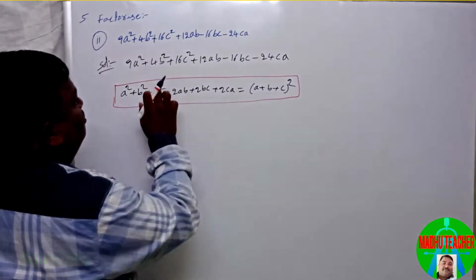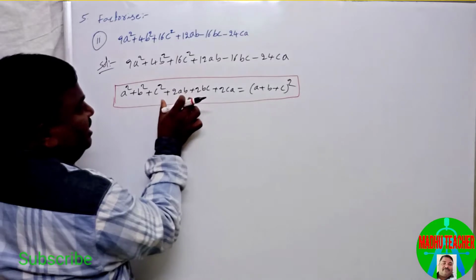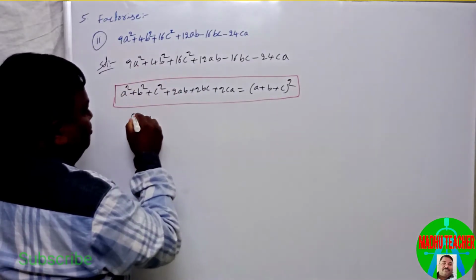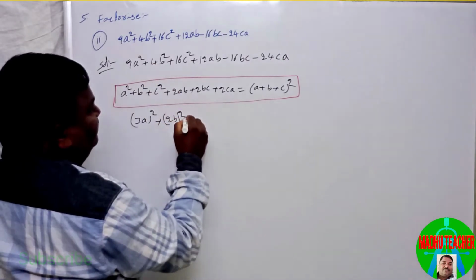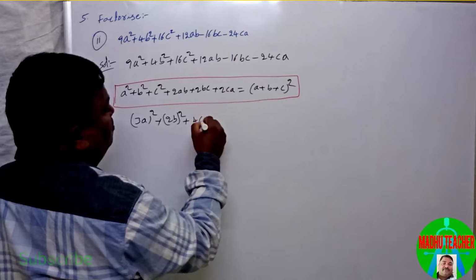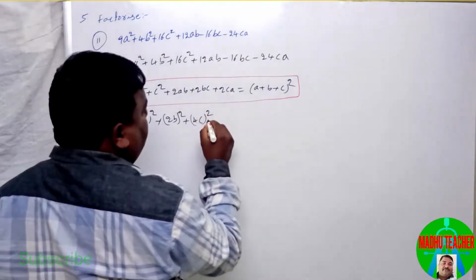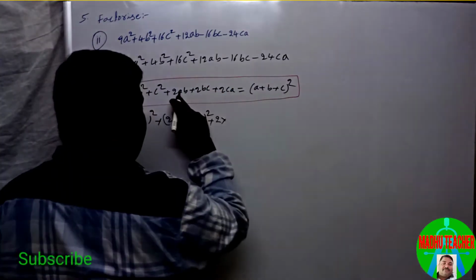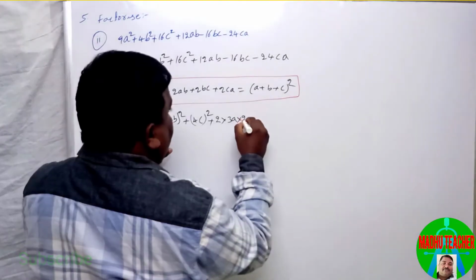So first of all you have to change this problem into the formula form, that is the identity form. That is, 9a square we can write as 3a whole square, plus 2b whole square, plus 4c whole square, and this is 2 into ab, a is the first term, into b is the second one, that is 2b.